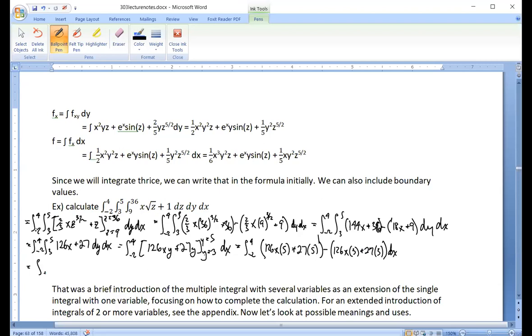Working out the algebra, 252x plus 54 dx.